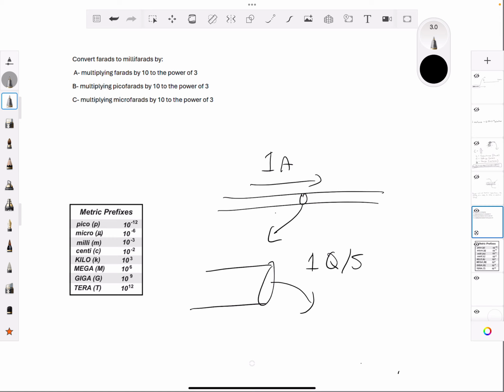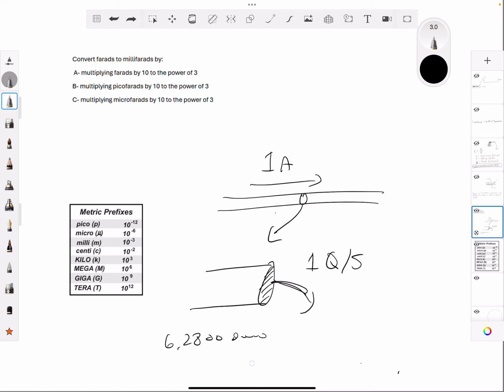What does that mean? Remember that large amount of electrons, all the zeros? That many electrons moving through this cross section in 1 second is 1 amp. So 1 coulomb per 1 second is 1 amp. It's just an amount of electrons that flow through this wire.